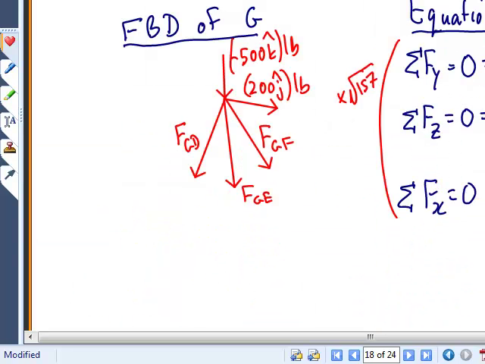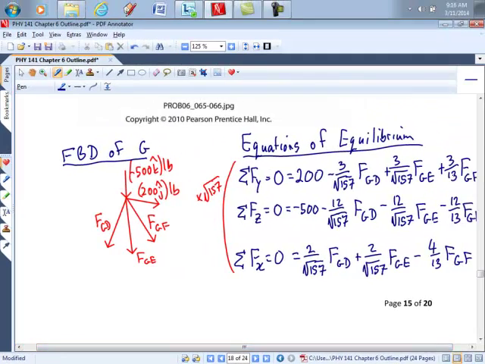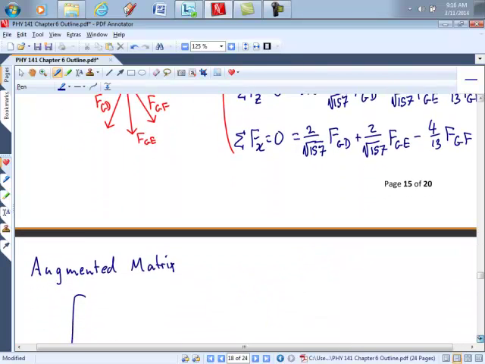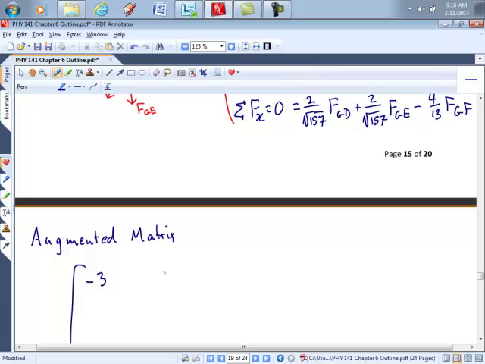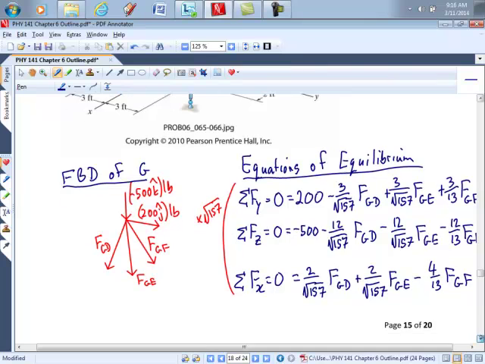So if I multiply this by root 157, I'm going to have negative 3, 3, and then 3 over 13 times root 157. So get somebody to calculate that for me. 2.8915.